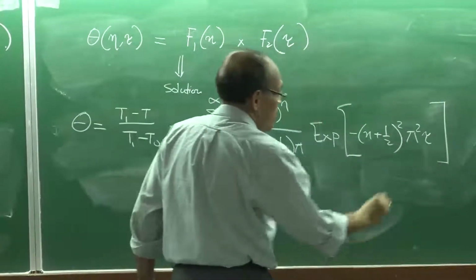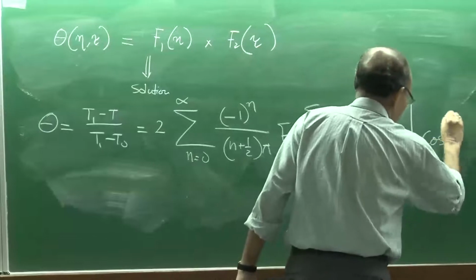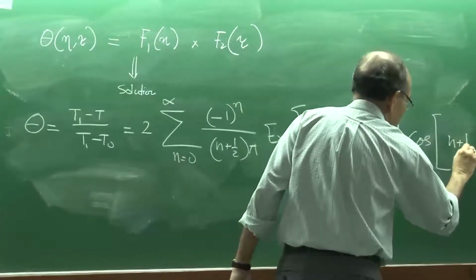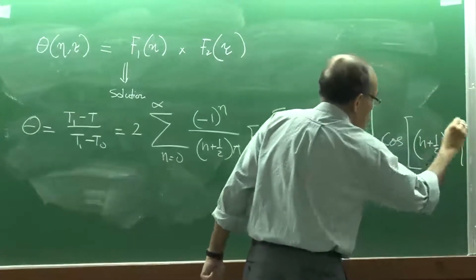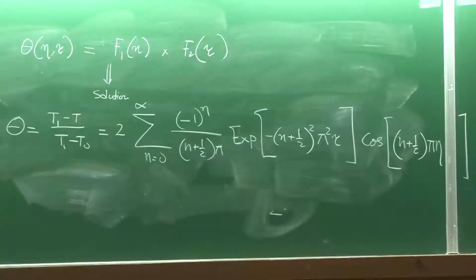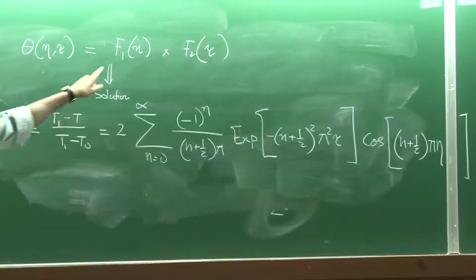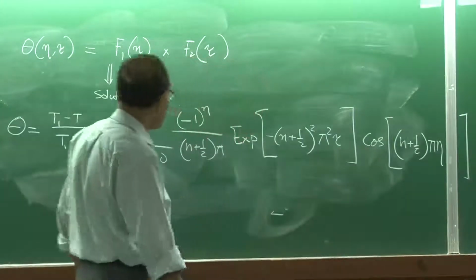Okay. And then we have the cosine term, which is (n plus half) into pi, and my non-dimensional distance eta. That is the solution. I got it right. And this is the f2 exponential function and the cosine function. The distance appears as a cosine function.